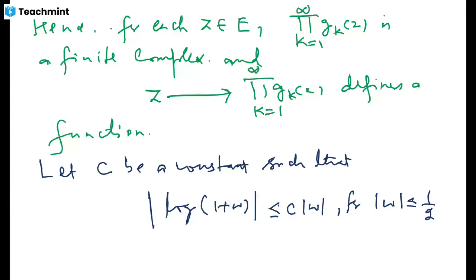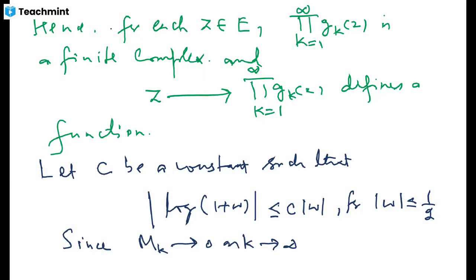Now, since the series formed by M_k's is convergent, and the necessary condition for convergence of a series is that its kth term goes to 0, convergence of the series formed by the constants M_k's implies that M_k goes to 0 as k tends to infinity.